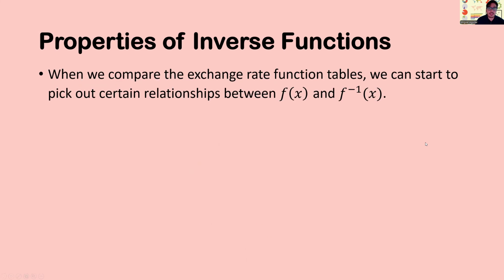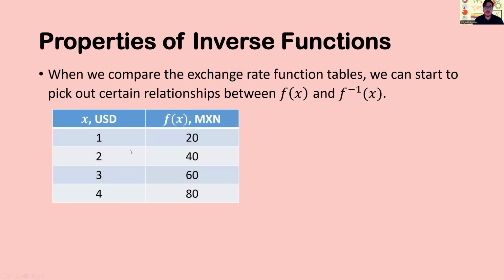Okay. So we're going to look at some properties of these inverse functions whenever we have them. These will be very useful properties that will help you answer some of the questions you're going to see in ALEKS. So first, if we think about our exchange rate tables, our first table had x values and y values.